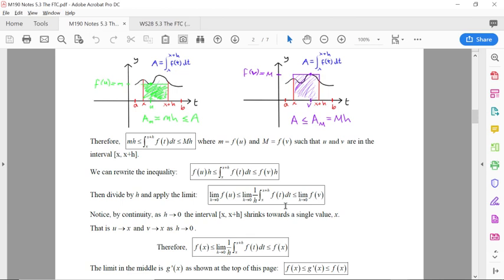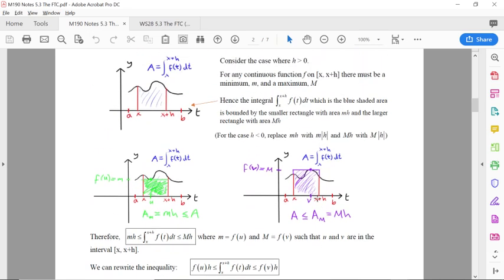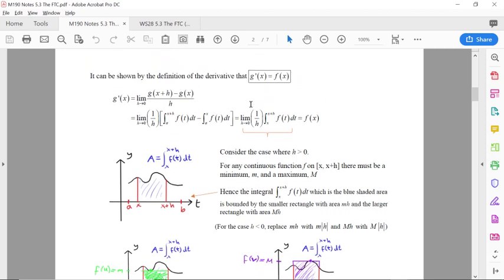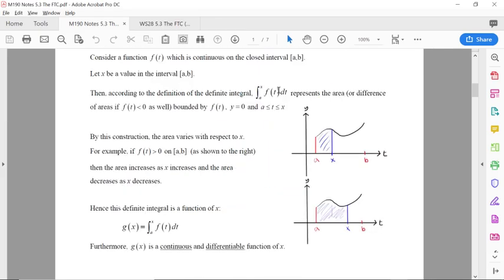And that demonstrates what we were trying to show up here, which is that if we take the derivative with respect to x of our integral function, the output would be the function in the integrand with x as its variable.